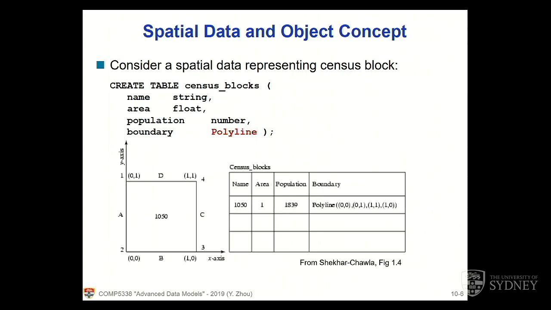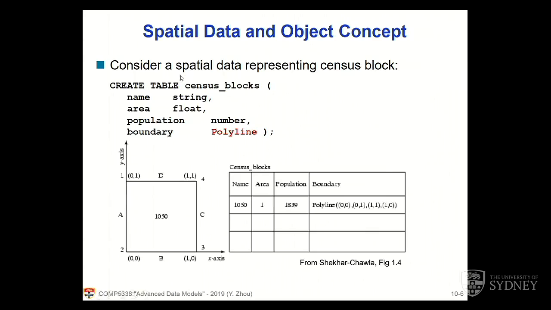So it's possible to store this data in a regular database. Say we have spatial data representing a census block, which is some kind of shape. To make things easier, we just assume it's a square or rectangle shape.